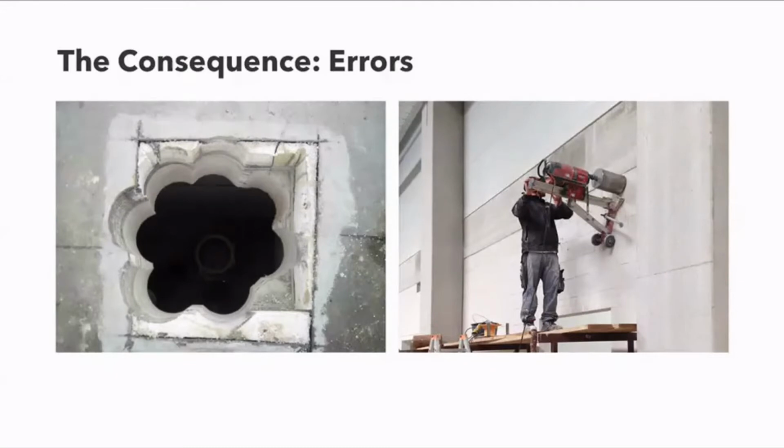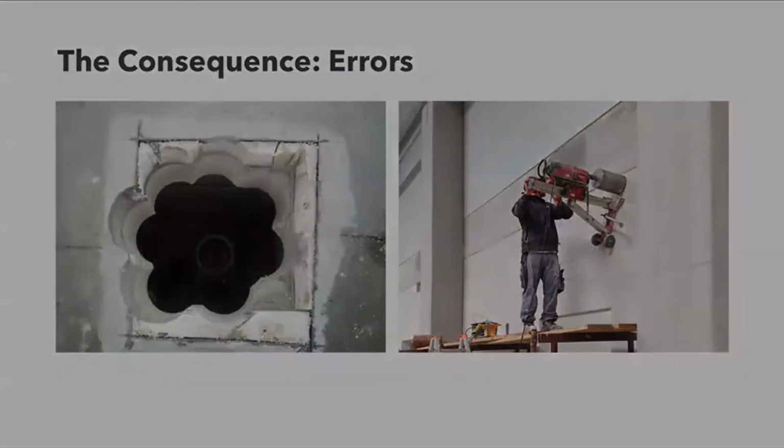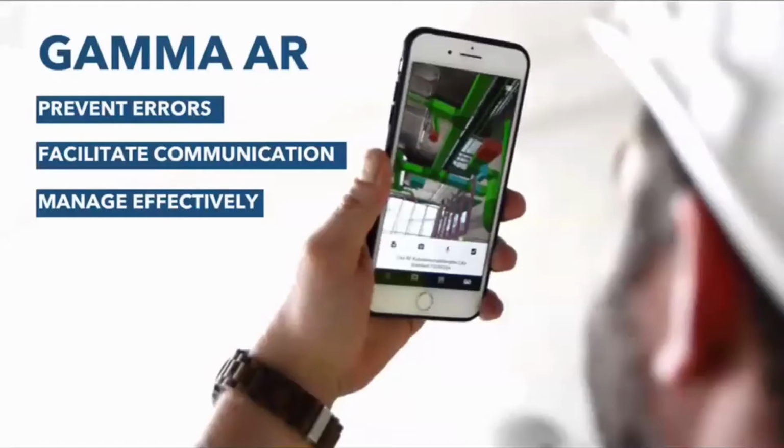If people had seen this issue before, they would have saved a lot of money. In Germany, for example, a problem like this will cost between 1,000 and 2,000 euros for every drill. That's a lot of money, and we are trying to avoid that by using Gamma.